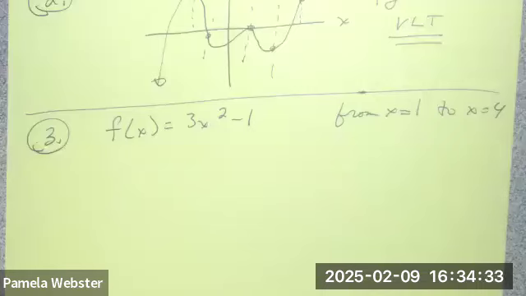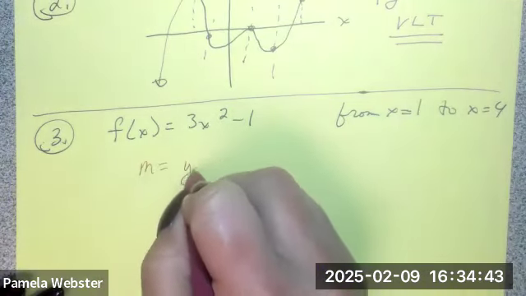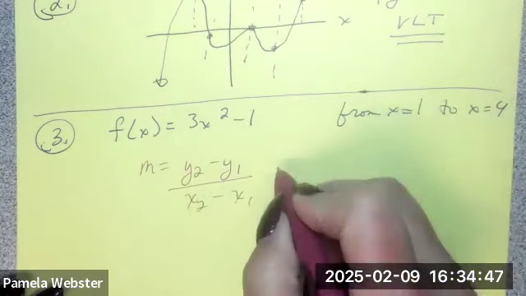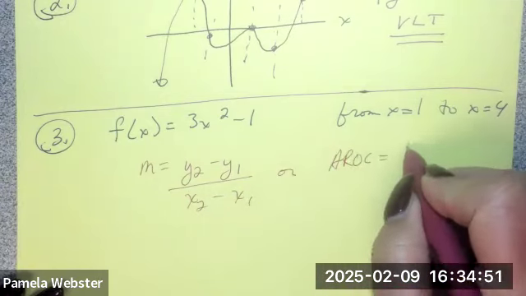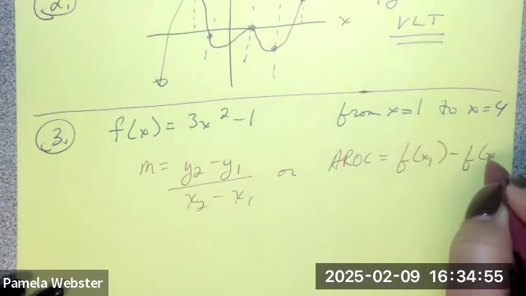Okay, so we use that formula. The slope formula normally that we would use is m equals y2 minus y1 over x2 minus x1. Or for AROC, average rate of change, it looks a little bit different. f of x1 minus f of x2.